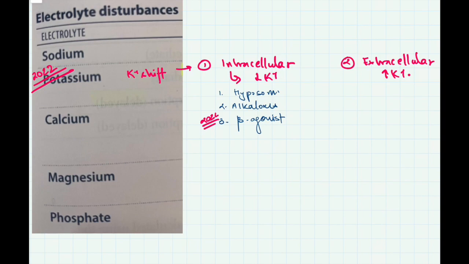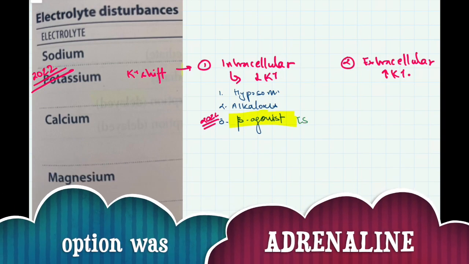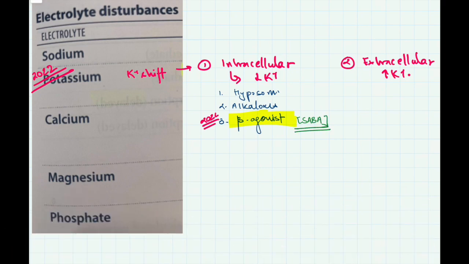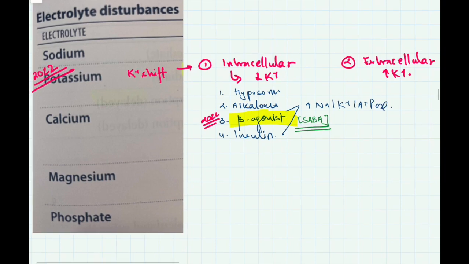The option in the exam was, I think, SABA, maybe, or something beta agonist, right? Then insulin. So the beta agonist and insulin, what they do is that they increase the sodium potassium ATPase, right? Another way to remember is that insulin pushes the potassium inside the cell. So these are all the causes of hypokalemia.